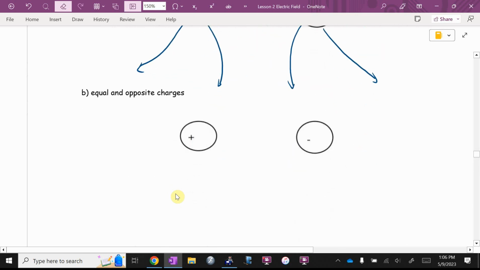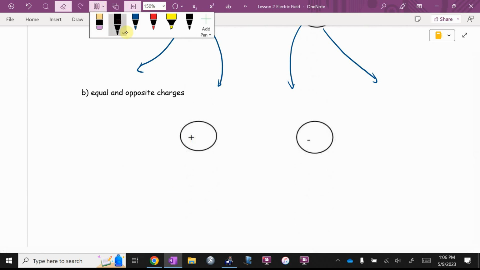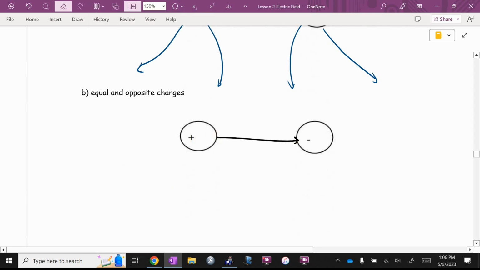What about for equal and opposite charges? Well, definitely one line, jump straight across. A line might leave here, straight across, kind of curved and down. Like that.